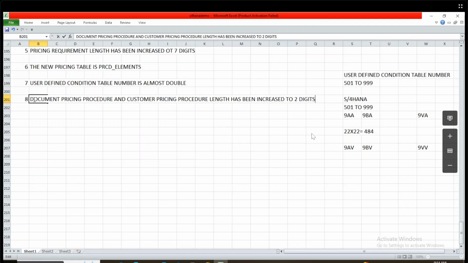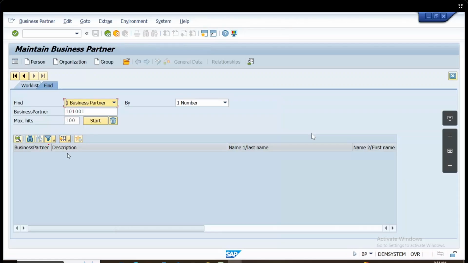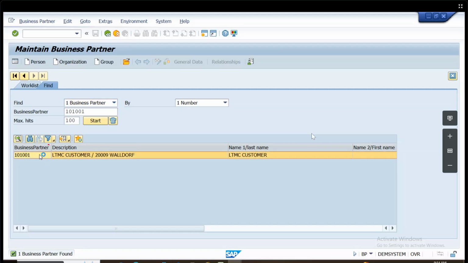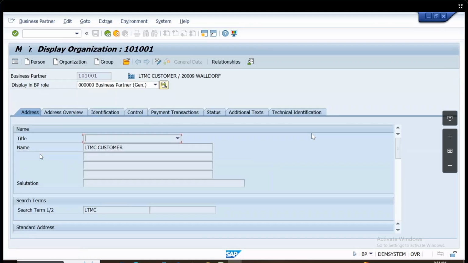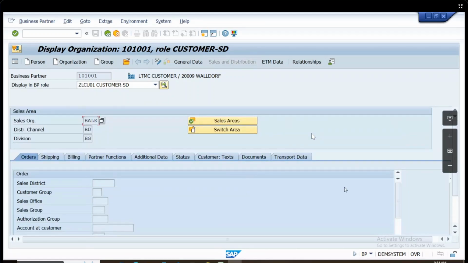If you go and check BP, in BP we have the customer pricing procedure.